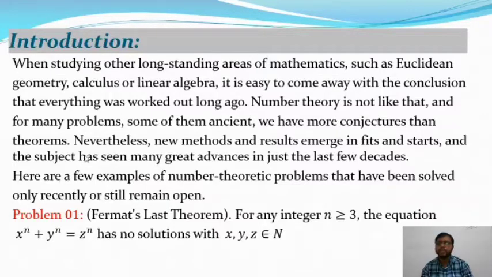But number theory is not like that, and for many problems, some of them ancient, we have more conjectures than theorems. Nevertheless, new methods and results emerge in fits and starts, and the subject has seen many great advances in just the last few decades.